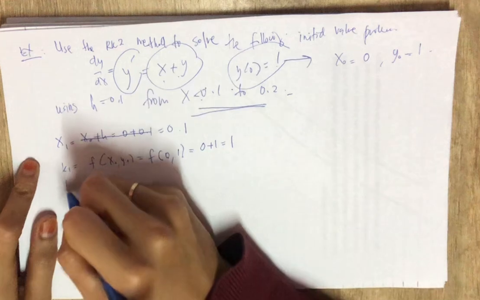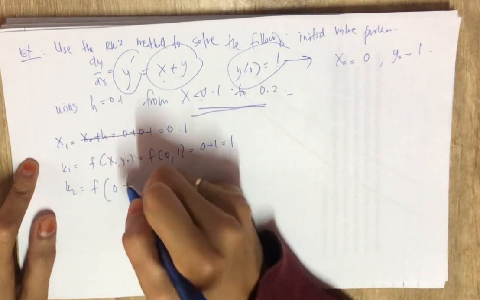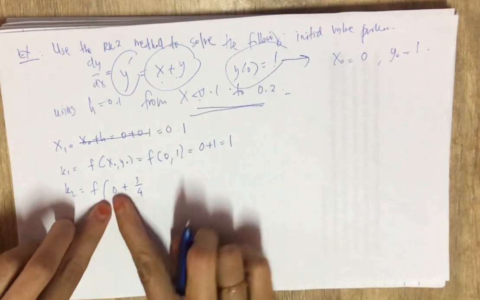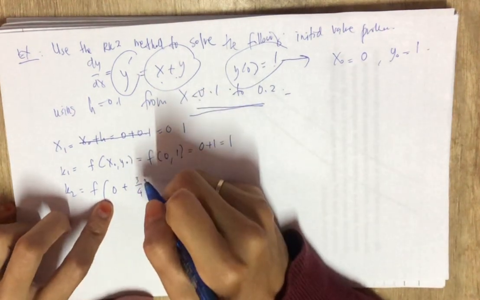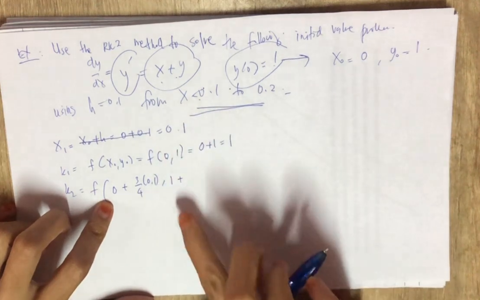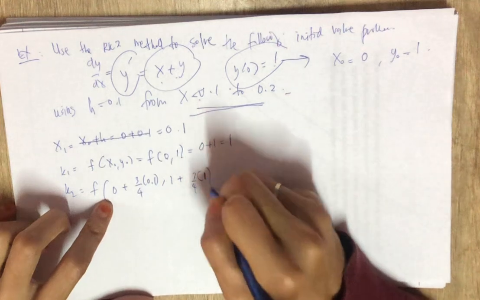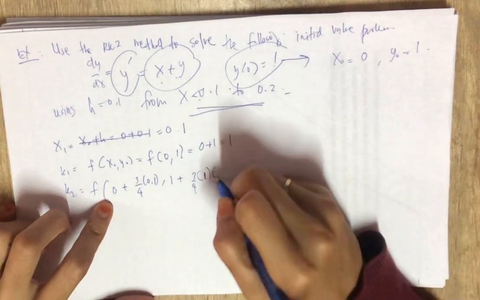Okay, next we want to find k2. The formula here is 0 plus 3 over 4, this is x naught, times h, and then 1, your y naught, plus 3 over 4 times your k1. Your k1 is 1, times your h.